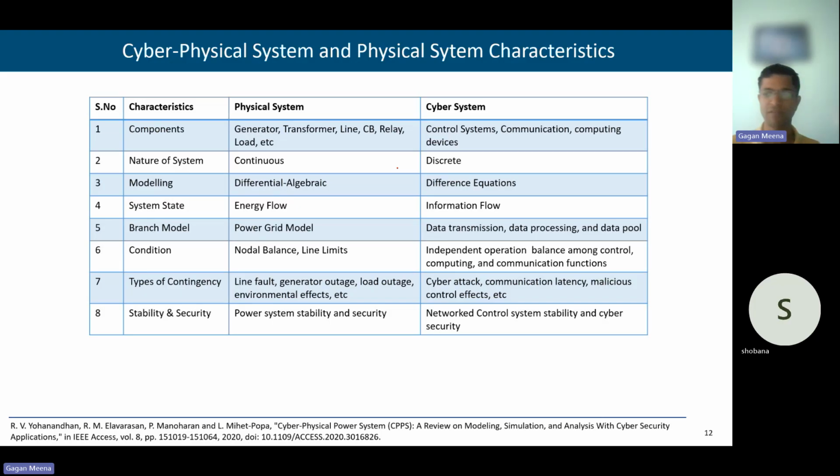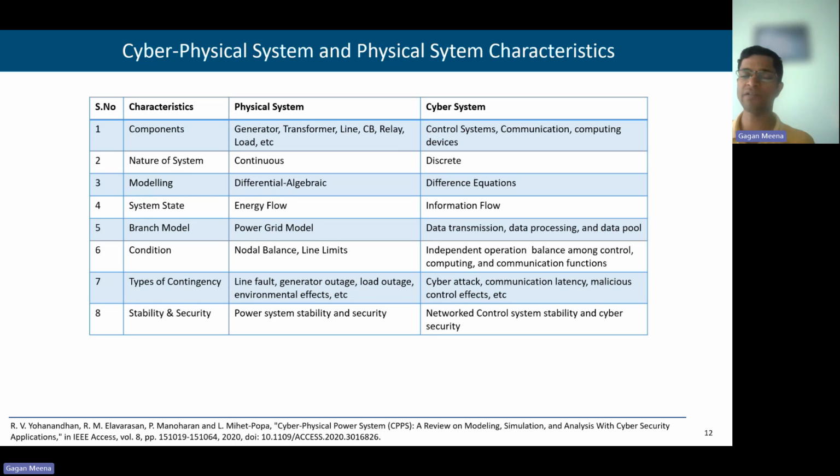In power system we have three main components: generation, transmission, and distribution, and in the physical system we have all these three. So we have generators, we have transformers. All the physical assets at these three levels will come into the physical system.